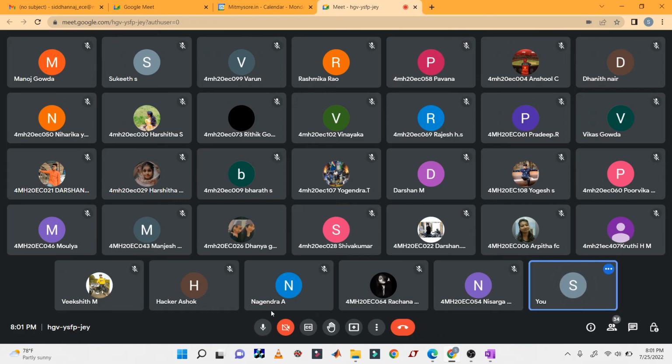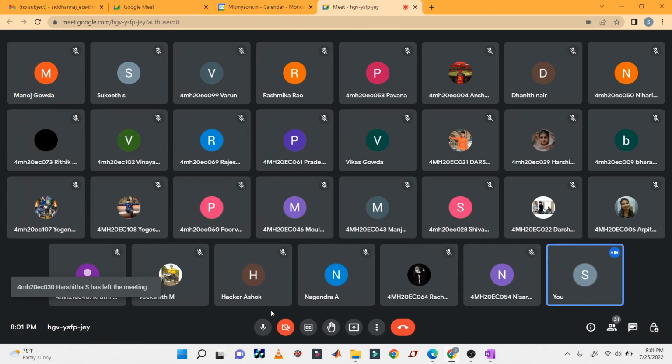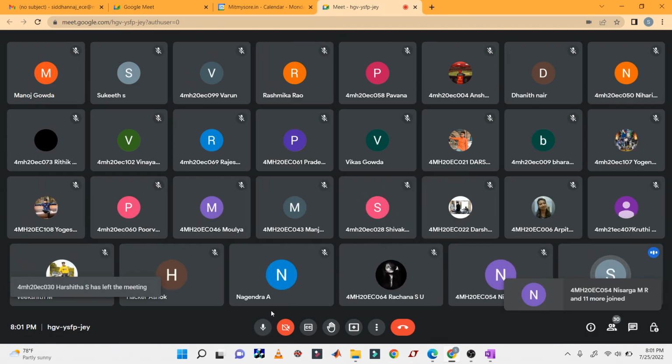Danya, present sir. Gautam, Shivakumar, present sir. Harshita P, present sir. Harshita S, present sir. Manasa, Manjesh, present sir. Maulya, present sir.